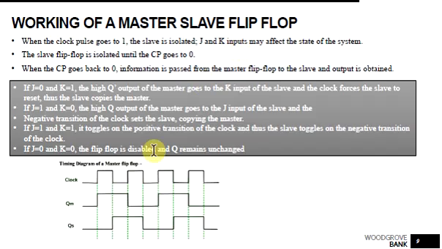So we'll consider the conditions when both J and K are equal to 1. This is the corresponding timing diagram. Suppose that initially the Q output is 0 and Q bar is equal to 1. When the clock pulse goes to the high state in the positive pulse, the Q of the master, which was initially 0, will toggle.